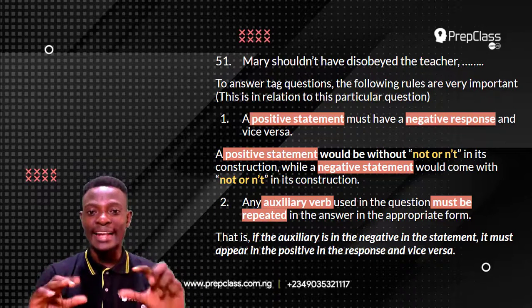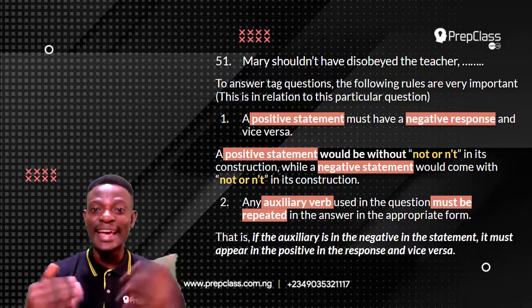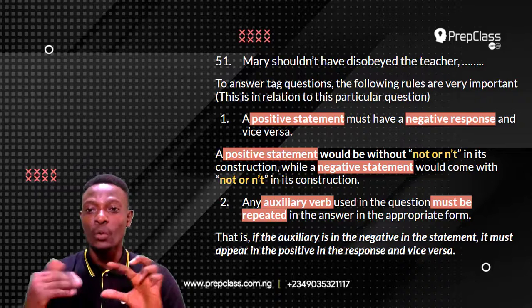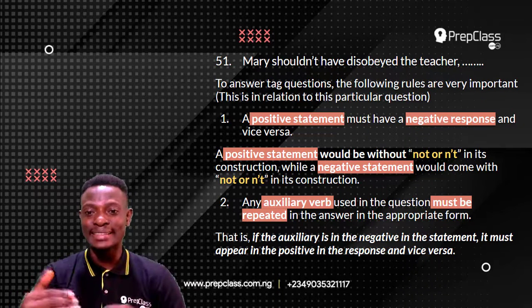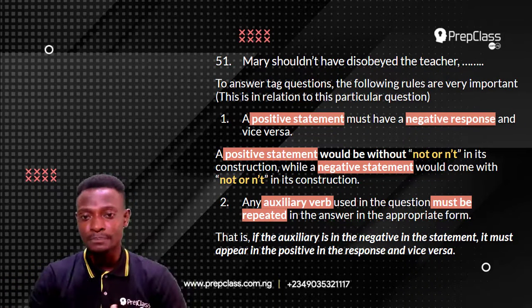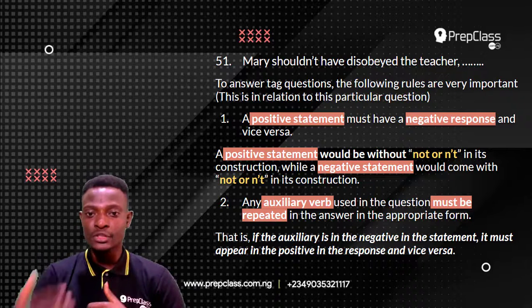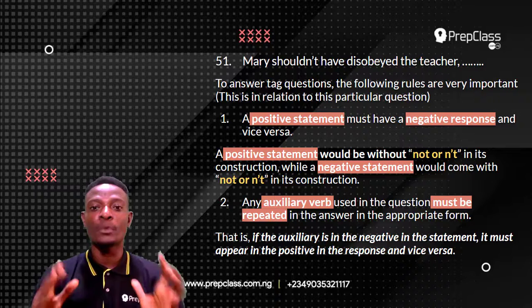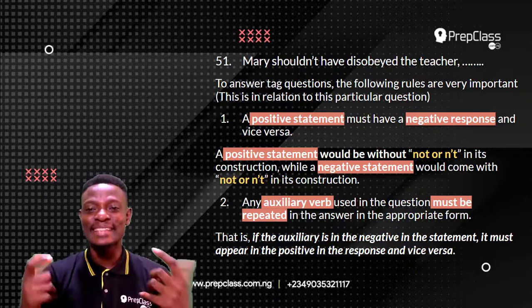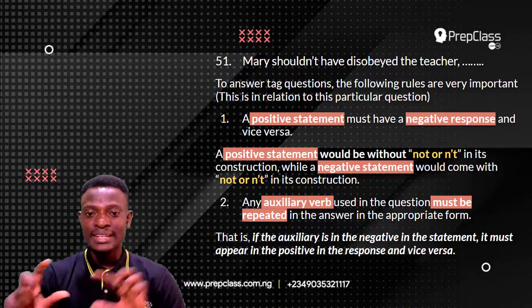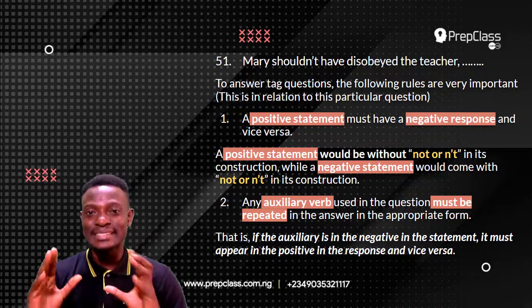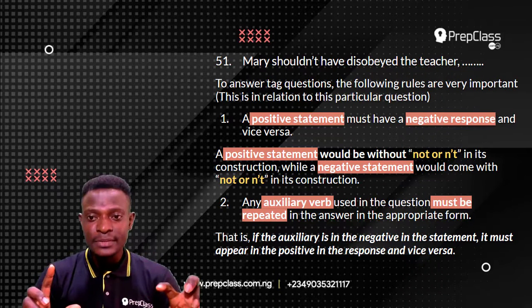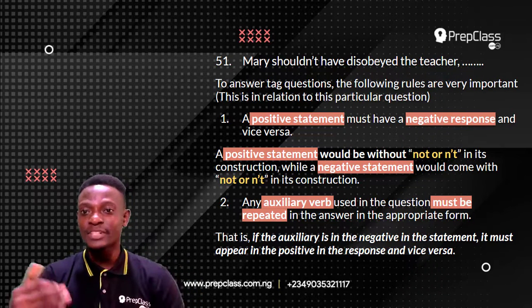Second rule, any auxiliary verb used in the question must be repeated in the answer in the appropriate form. That is to say, if the auxiliary used in the sentence is positive, it will come in the negative in the response.